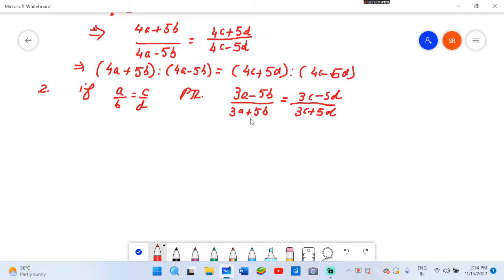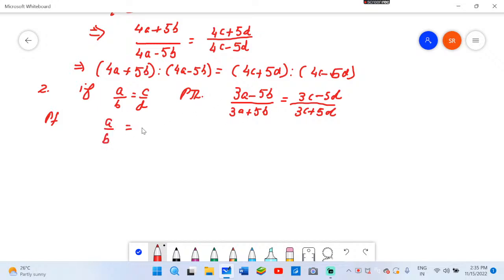So here also let us notice one thing. The numerical coefficients of A, B, C and D are: for A it is 3, B 5, C 3, D 5.